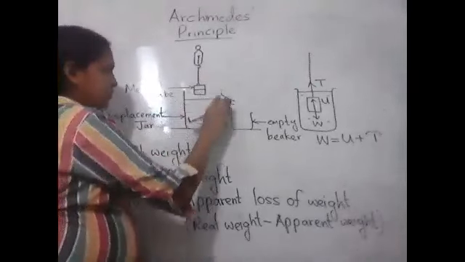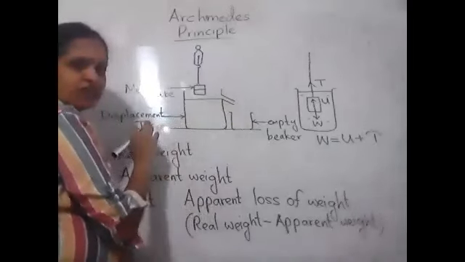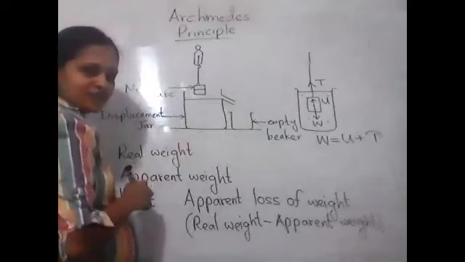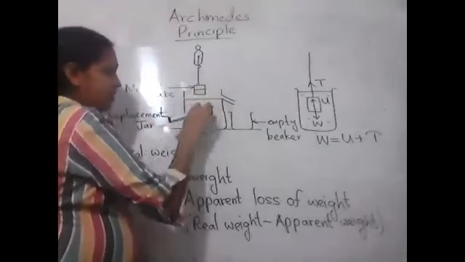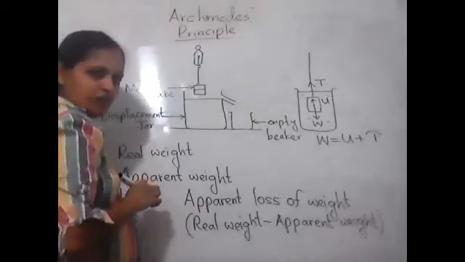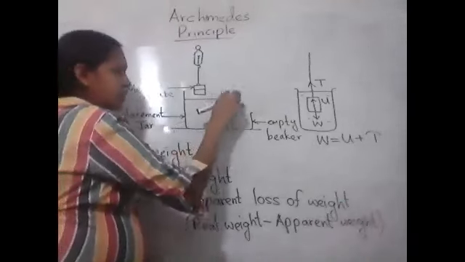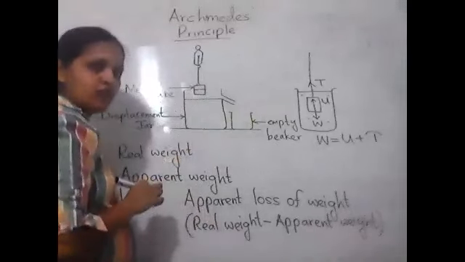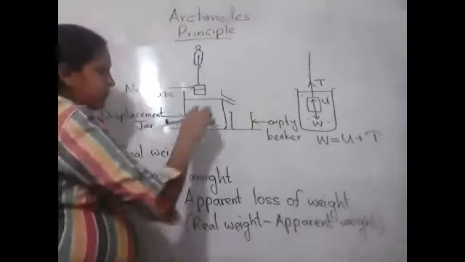Here we have put water into a displacement jar, which we call the Eureka vessel. We are going to immerse the metal cube in water. Then some of the water will be displaced depending on the submerged volume of the object.